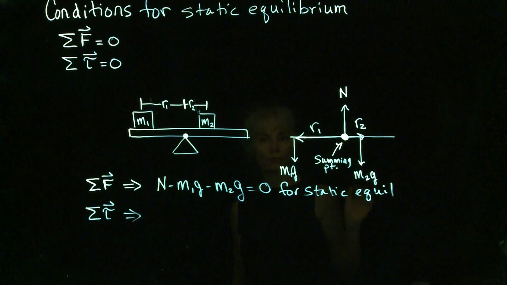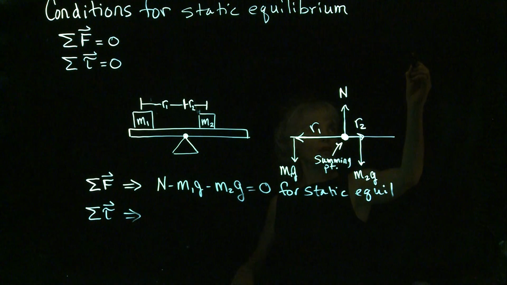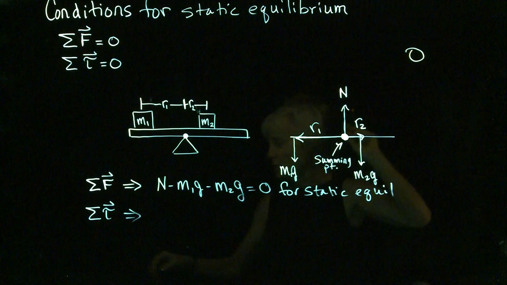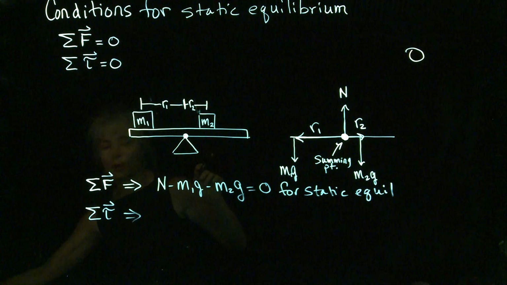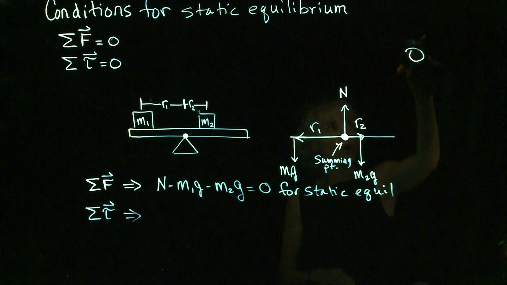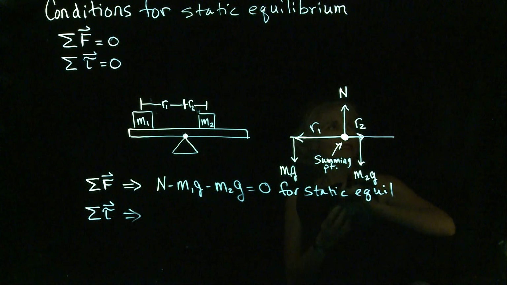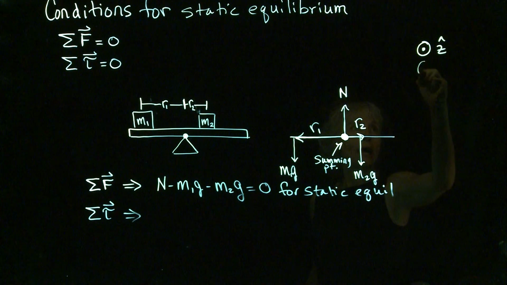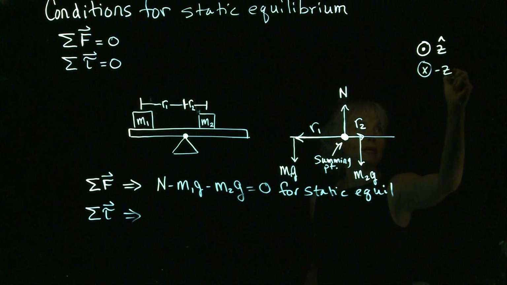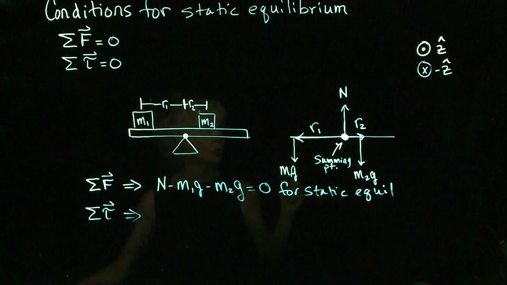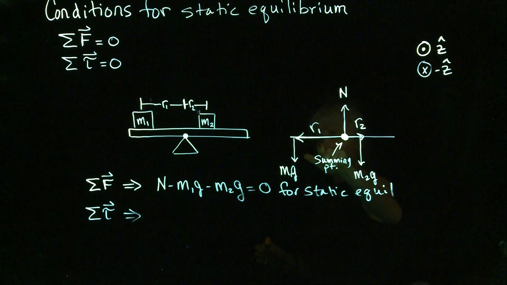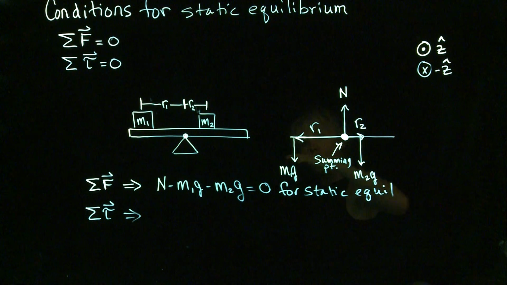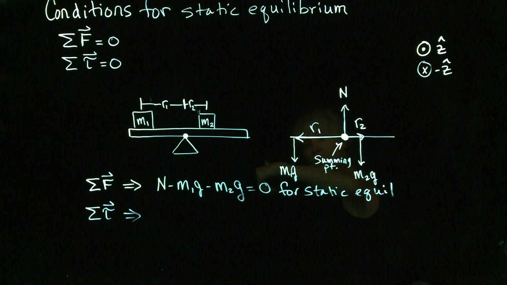The only torques being exerted about the axes of rotation are going to be due to these two masses, M1 and M2. So let's go ahead and use our standard coordinate system of into the board and out of the board, positive and negative z. So let's say that out of the board is going to be positive z hat, and into the board is going to be negative z hat. So let's look at this first torque. So we're going to have R1 crossed into M1g.